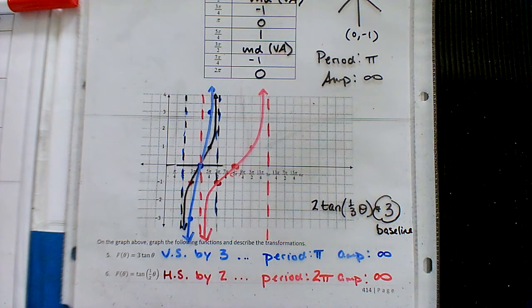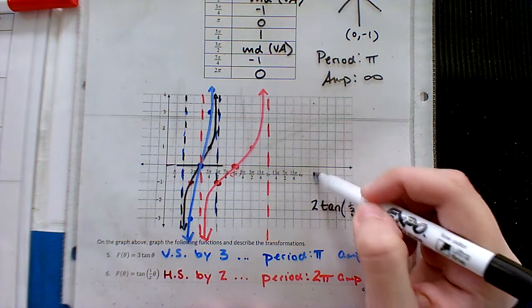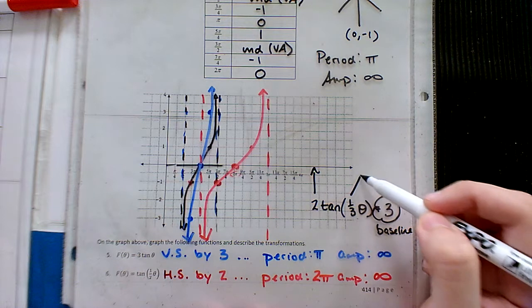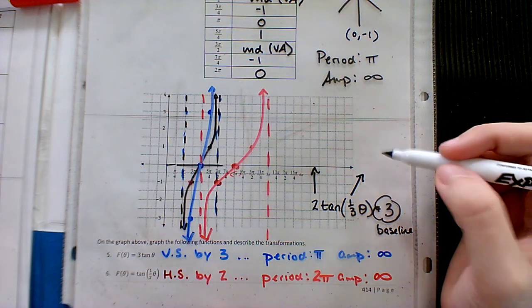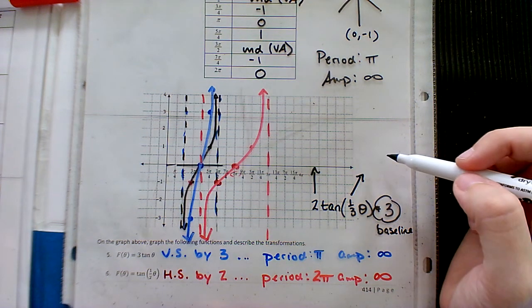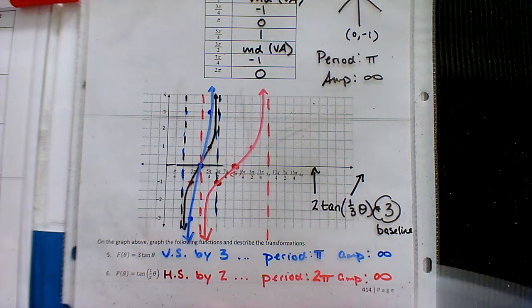What else can we identify? What's the 2 doing and what's the 1/3 doing? What do you think, Tori? Go ahead. The 1/3. That changes to 2 pi.